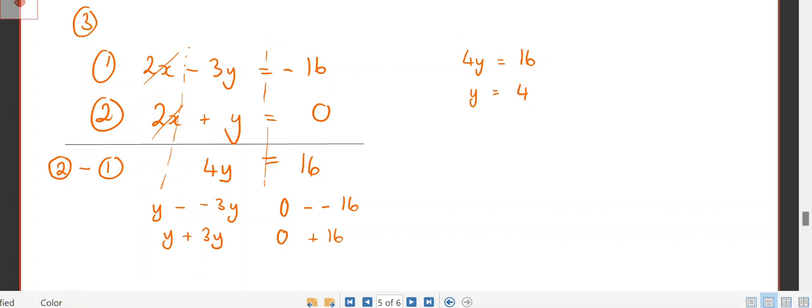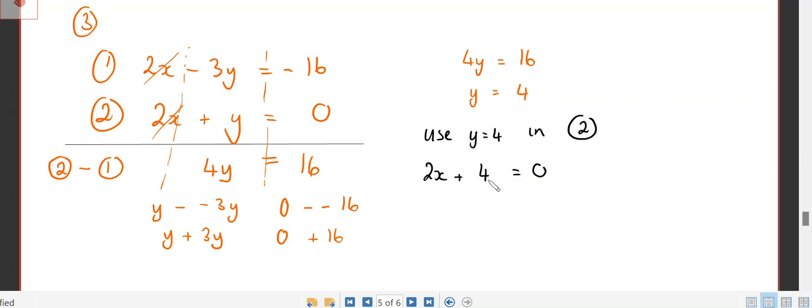Okay. And I will do the next step, which is use y equals 4 in, which one should I go with? This one's easier. Number 2. Okay, so I've got 2x plus 4 now equals 0. What do I do?